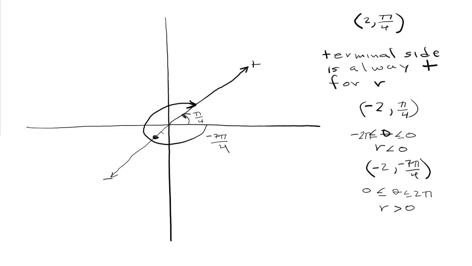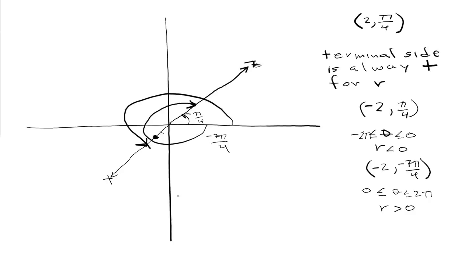So if I want my r to be positive, that means I want this to be the positive axis and this to be the negative axis. So when I measure my angle in the positive direction, I'm measuring it around to here. Sorry, my pen's a little flaky here.